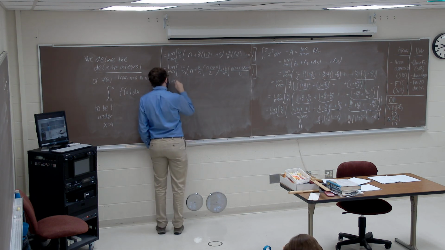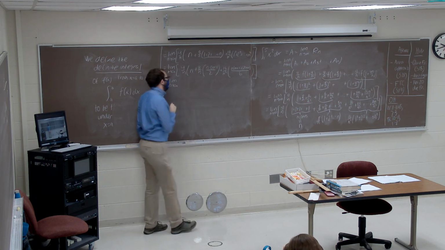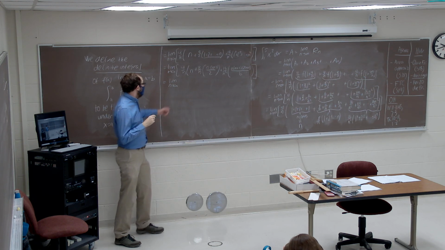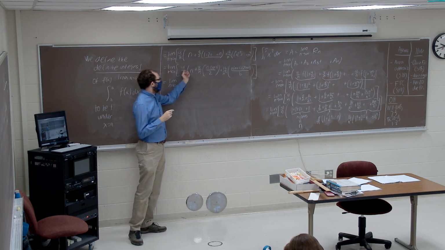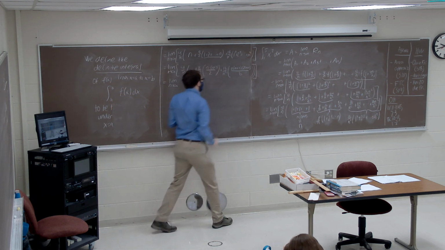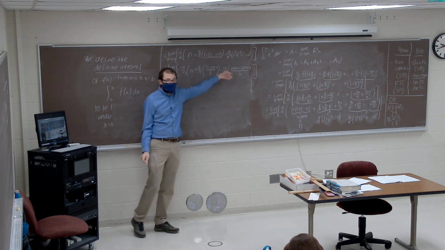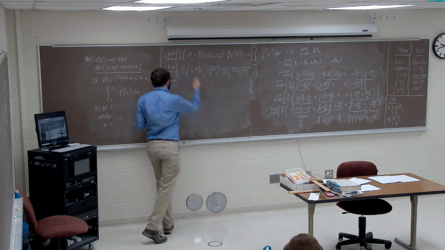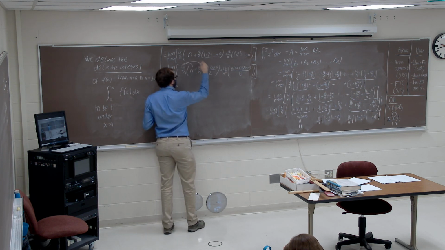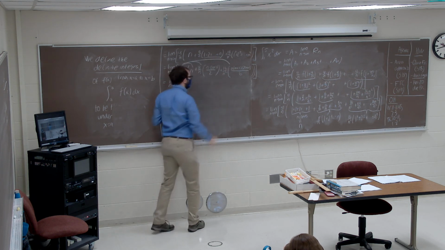And now, if we take the limit as n goes to infinity of all this stuff, I'm going to multiply the 4 over n by each of these terms separately. In other words, I'm going to distribute the 4 over n out to each of these.